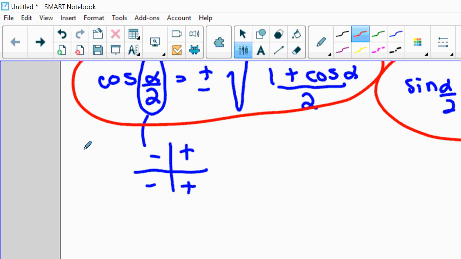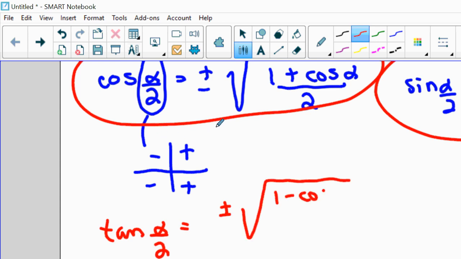Now, tangent is actually pretty cool, because tangent of alpha over 2 is sine of alpha over 2 over cosine of alpha over 2.